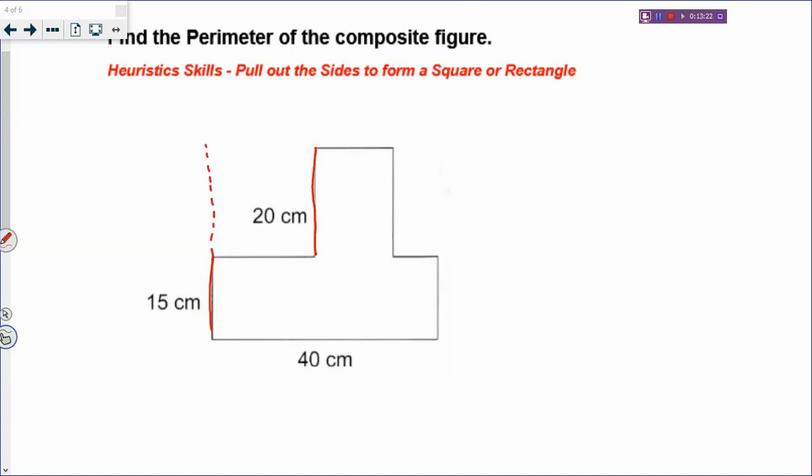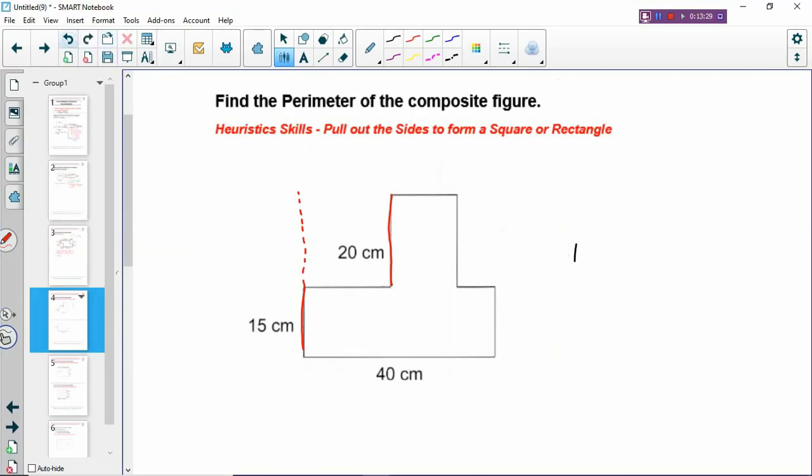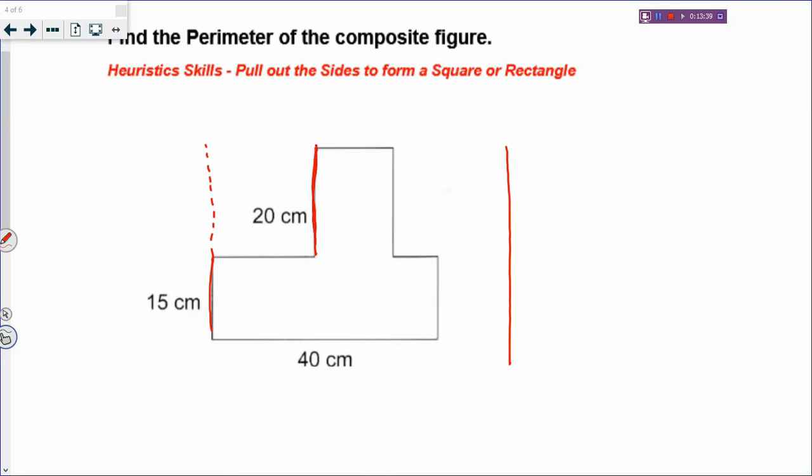And then you draw something similar. So you pull out this side, you put the 20 cm to your left, and now it comes over here, which is the dotted line.